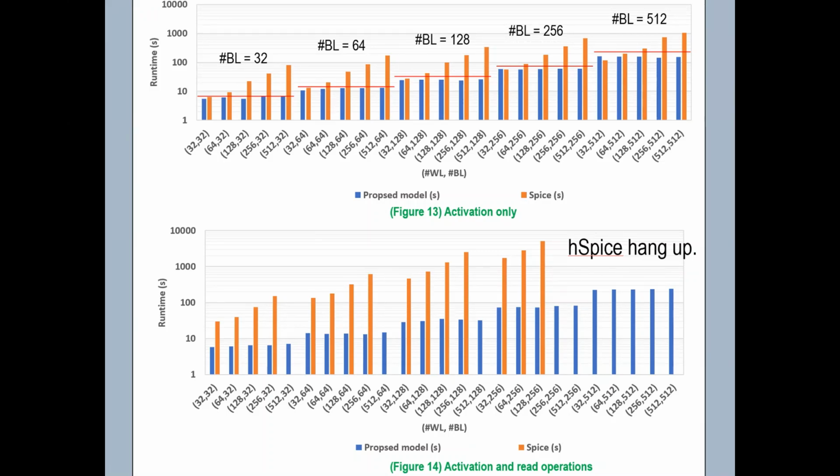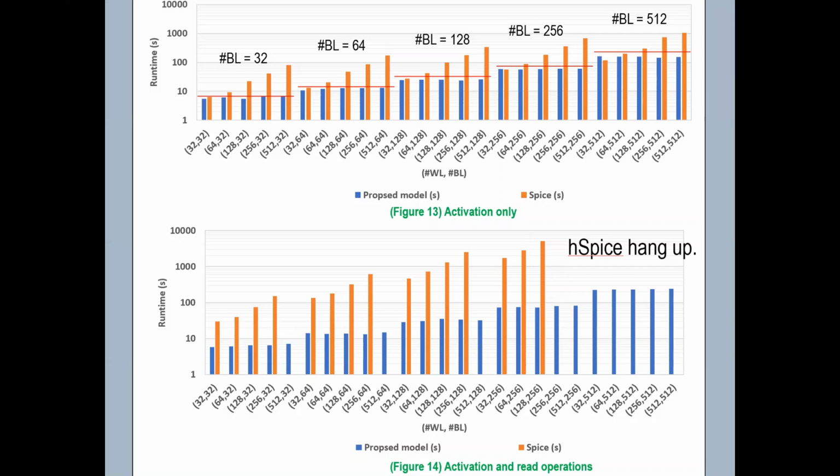The typical unit size of a sub array used in DRAM design is under 512 or 1,024 bit lines, which can be easily simulated in our model in several minutes. For row activation, it only took 150 seconds with the full array data.